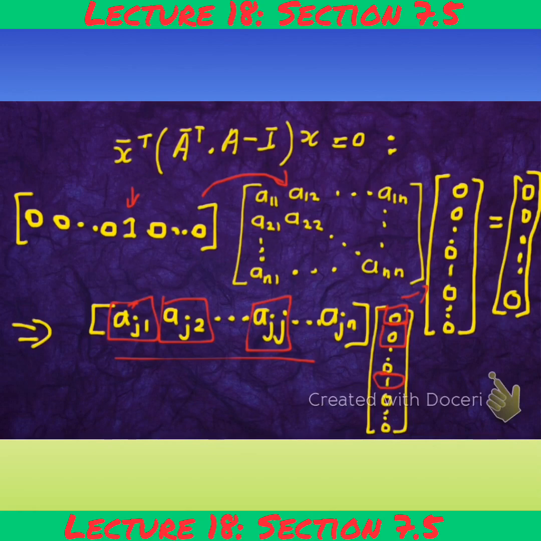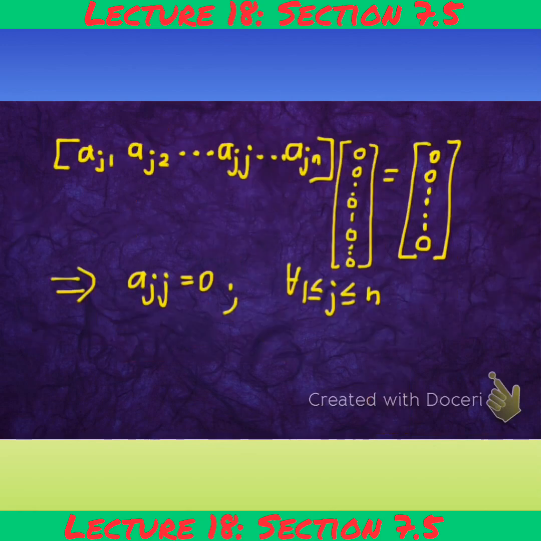And so I get this thing here equal to the zero matrix, or the zero column vector. So in the jth row here I've got a 0.